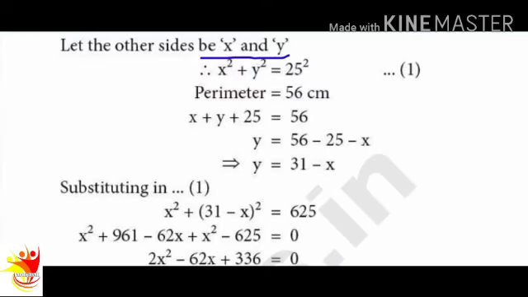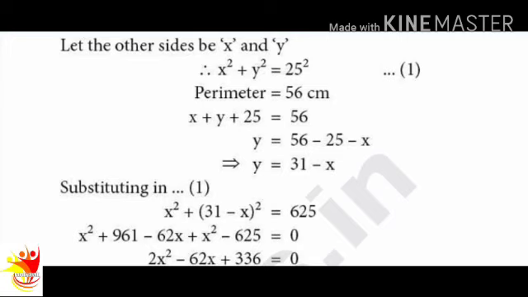Let the other sides be x and y. Therefore using Pythagoras theorem, the square of the hypotenuse side is equal to the sum of the squares of the other two sides. Hypotenuse is 25 square, other two sides are x and y. Therefore x square plus y square equal to 25 square.